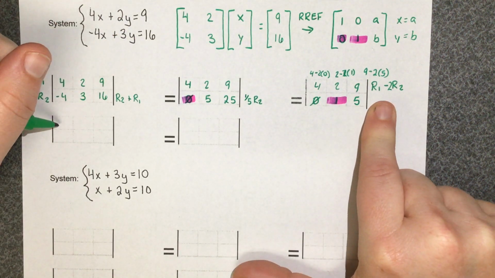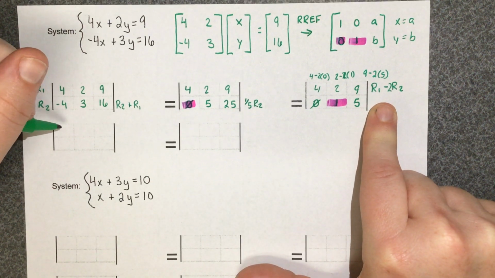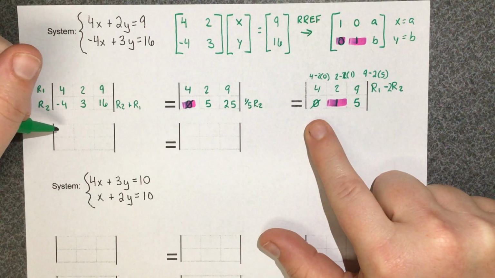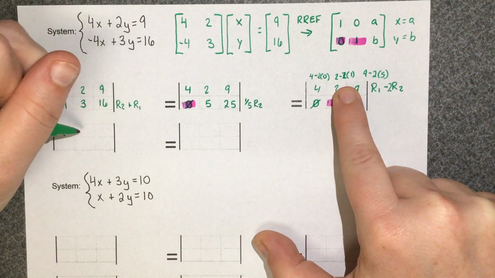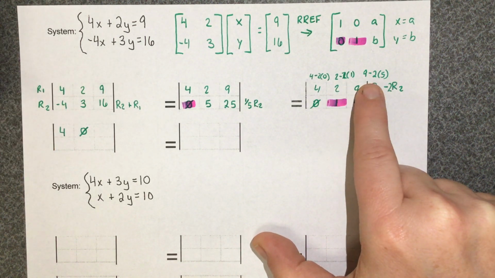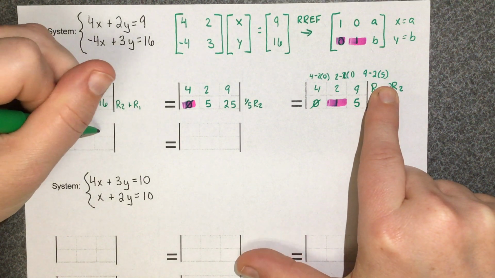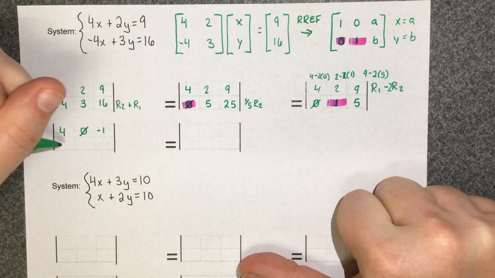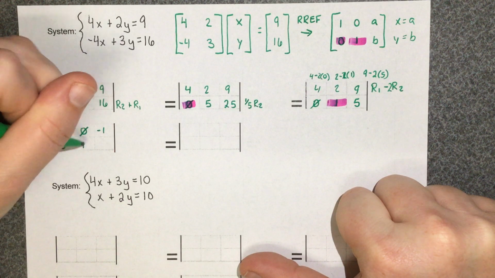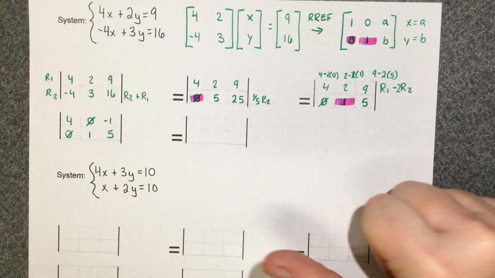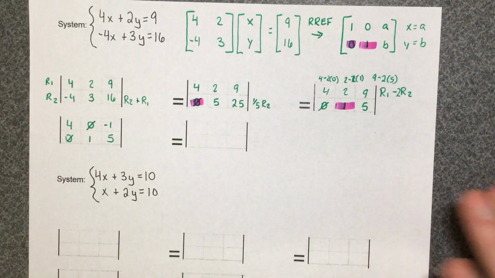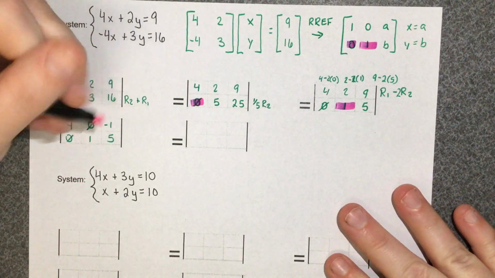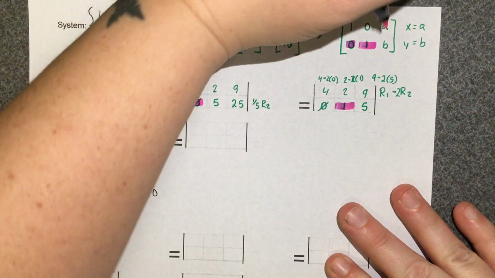So affecting row 1, I now have 4 minus 0 is still 4. 2 minus 2 is 0. And 9 minus 10 is negative 1. And I have not affected row 2 at all. And now I have yet another step toward reduced row echelon form.